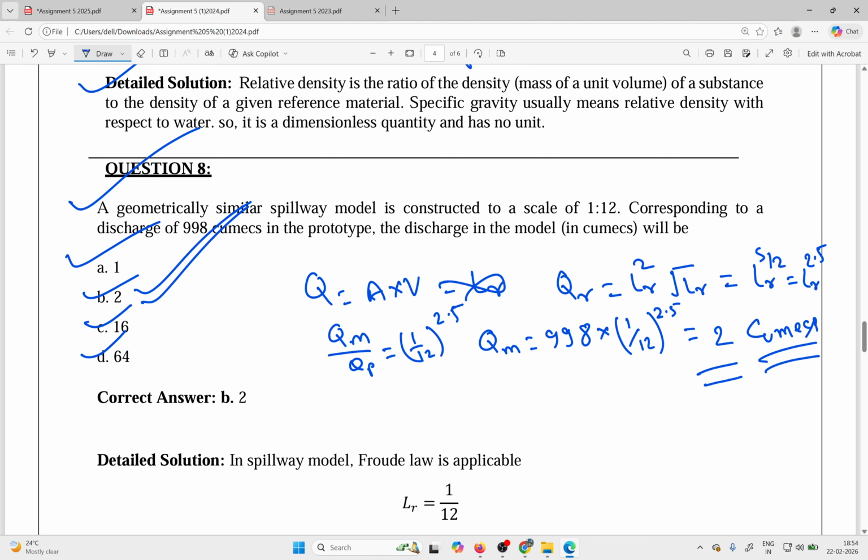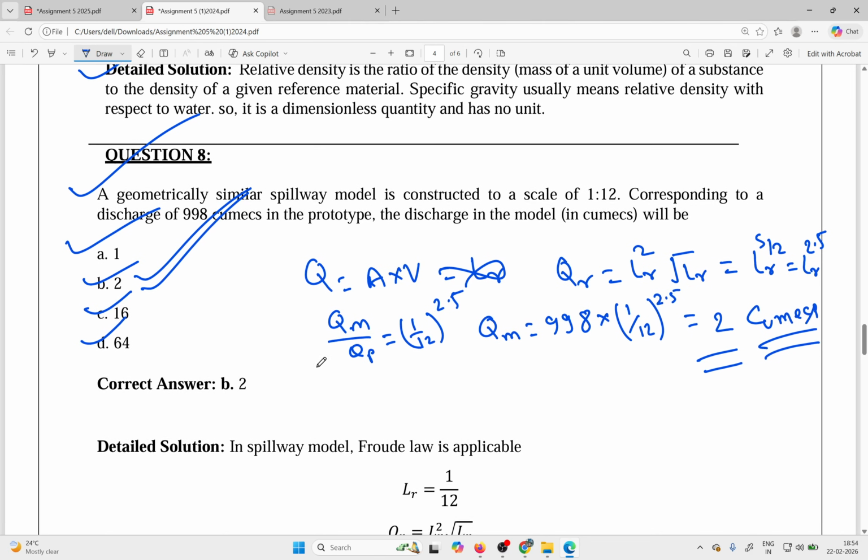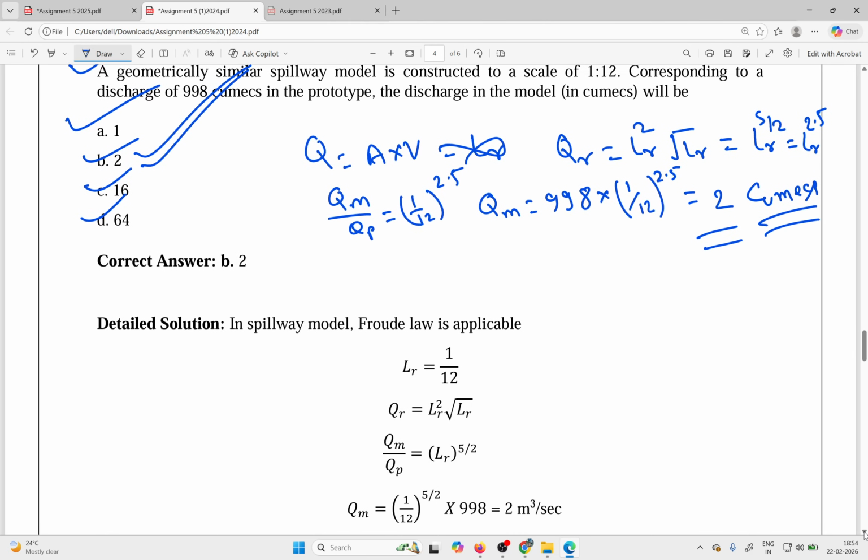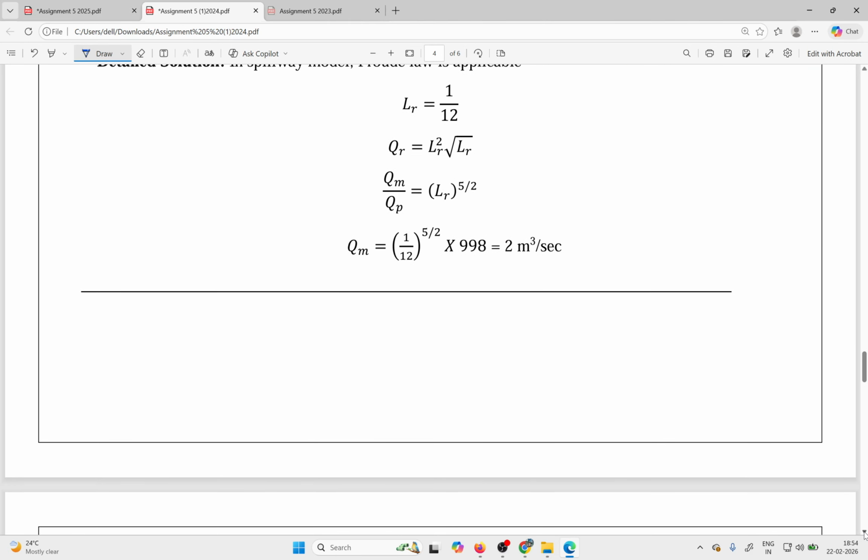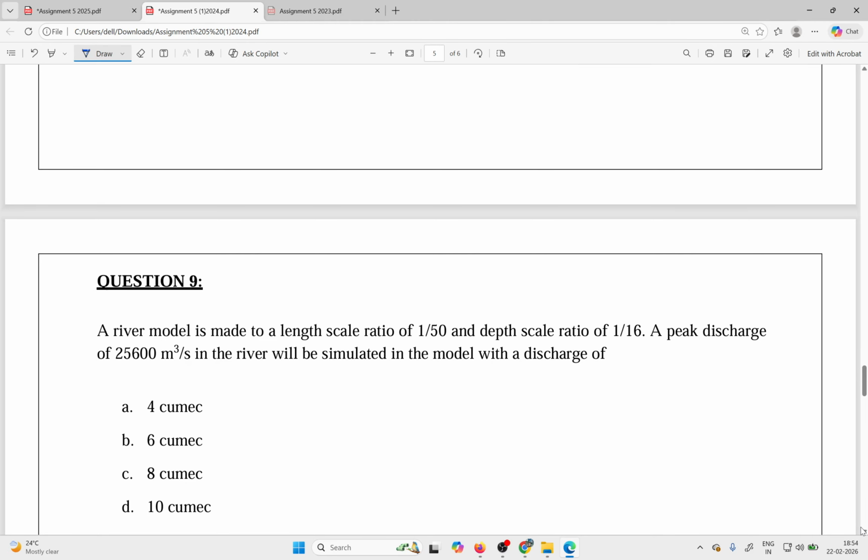Remember please for question number 8. Now the next question. A river model is made with a length ratio of 1 is to 50. Depth scale ratio is 1 is to 16. Means same thing whatever we have discussed earlier.